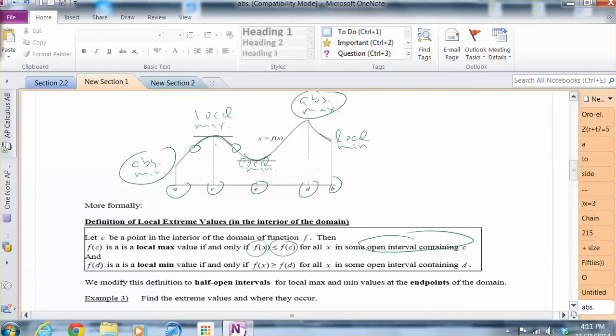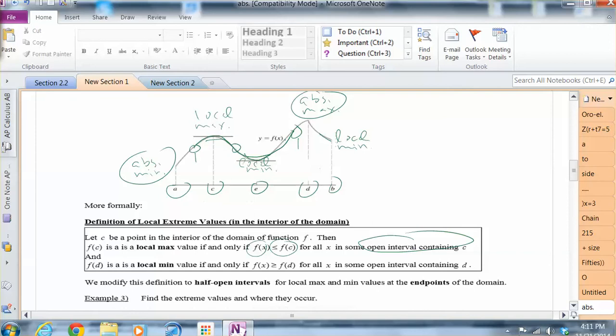So I don't have the endpoints, but definitely at point C I had a maximum. And for some interval, it could change, of course, if my interval went from this point to that point, then I wouldn't have a local max. So you do have to be careful with how the interval is defined.